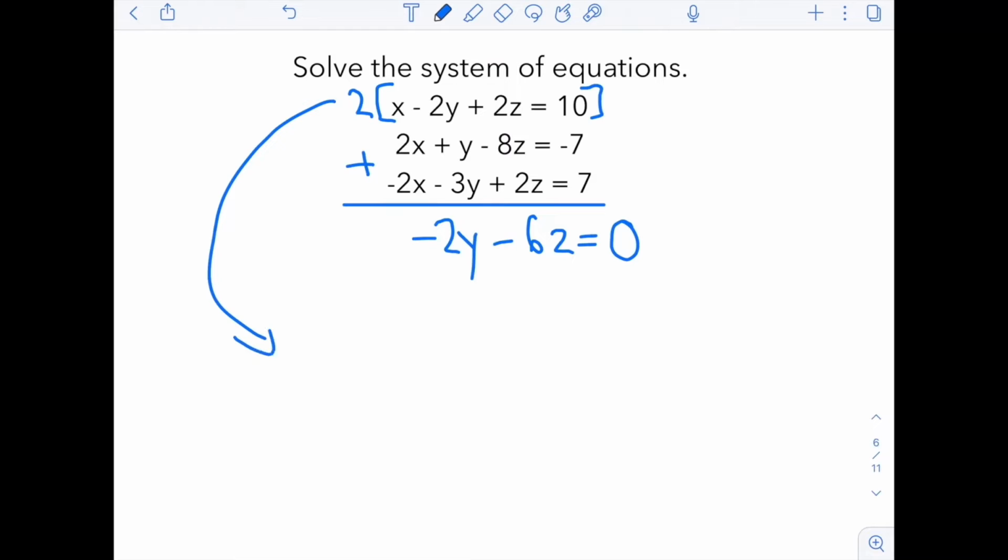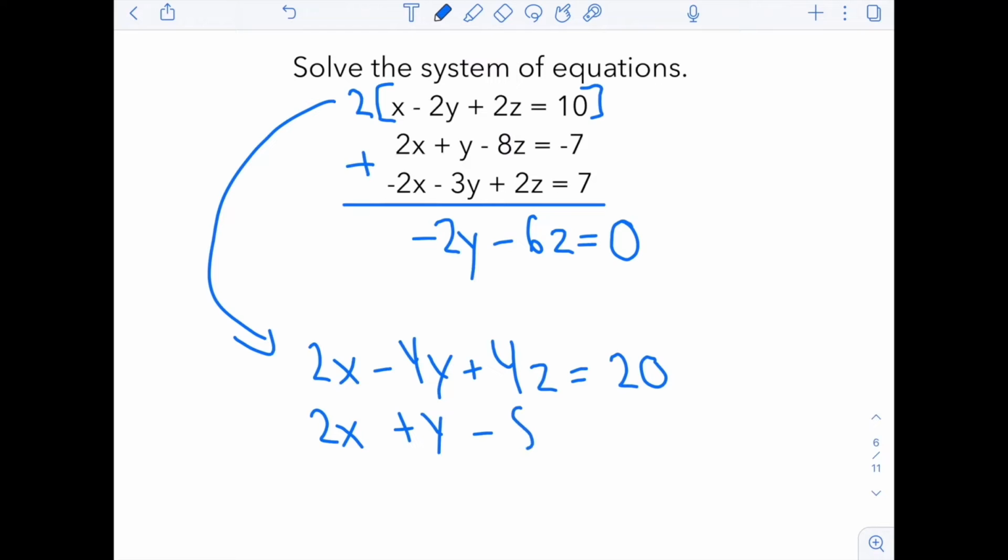So I would get 2x minus 4y plus 4z equals 20. I just multiplied everything by 2. And I will rewrite the second equation below that and cancel out the x's.